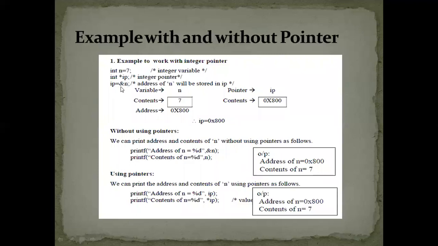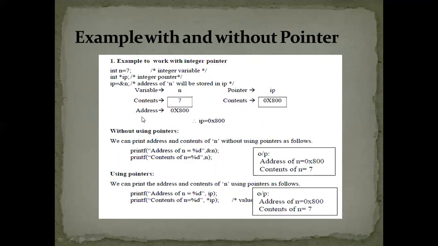So what does IP contain? The address of n. How can I denote this with memory locations? The variable n is there, the first one, which contains 7. What is the address of n? Address means this is a memory location. Similarly for this pointer, that is IP. What does IP contain?